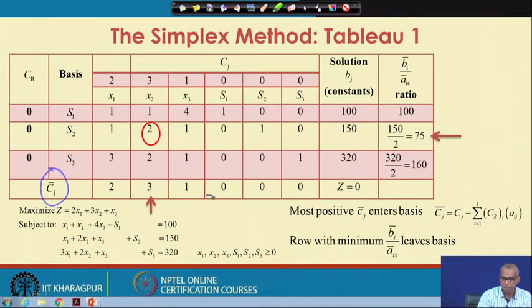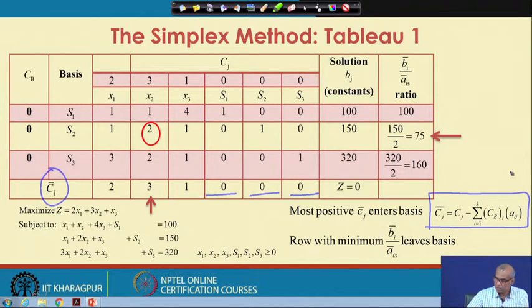So, you can directly put 0, 0 and 0 here corresponding to basic variables S1, S2 and S3. Cj bar is calculated using this equation, Cj bar equal to Cj minus sigma Cbi Aij.